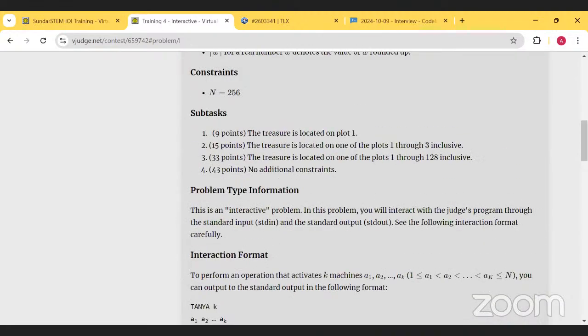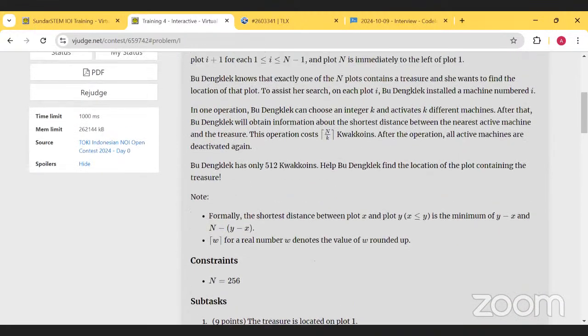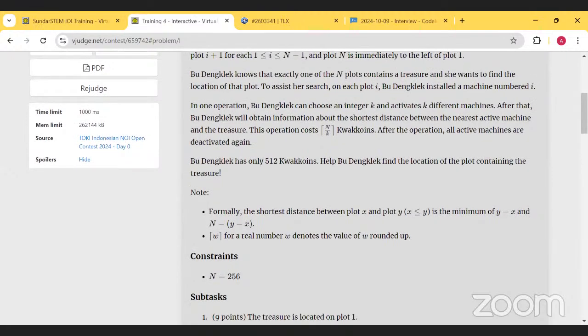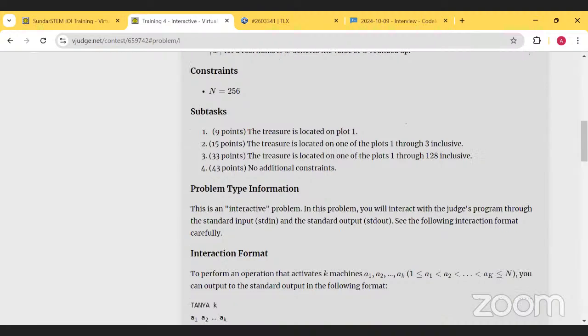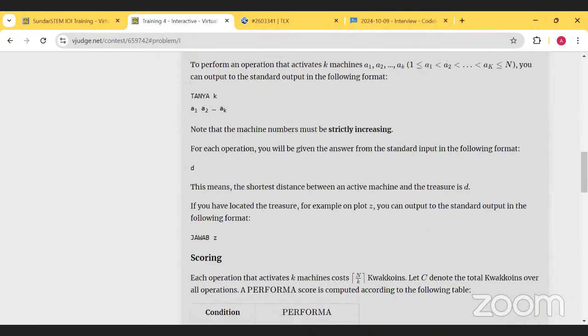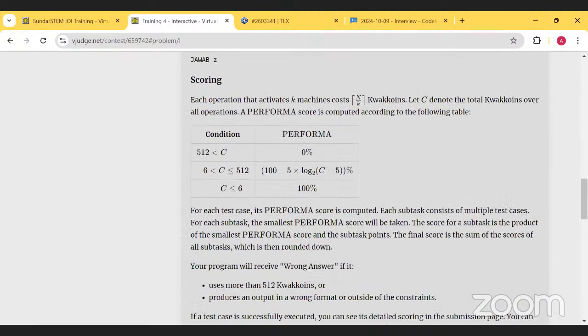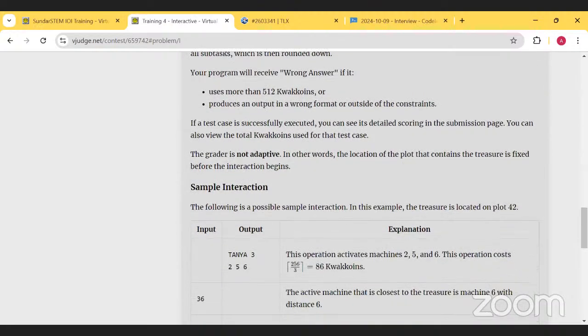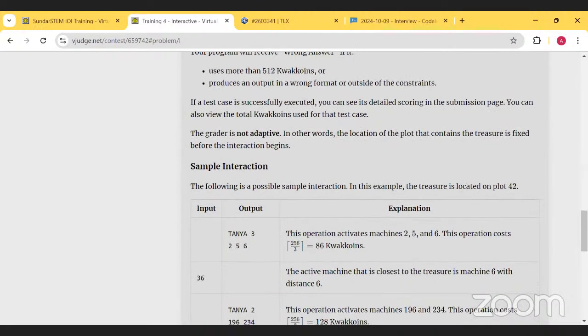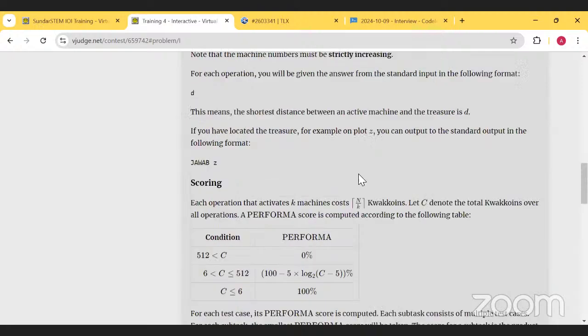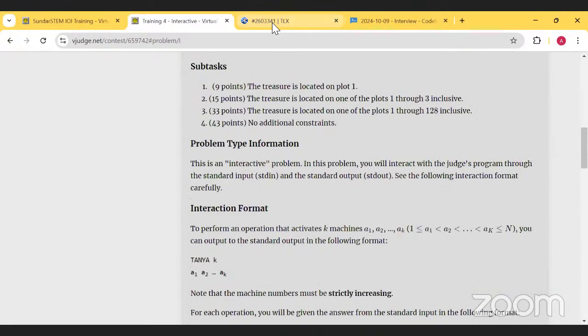Any idea to just find the answer and no need to minimize the cost? How to find it? Use machine individually.